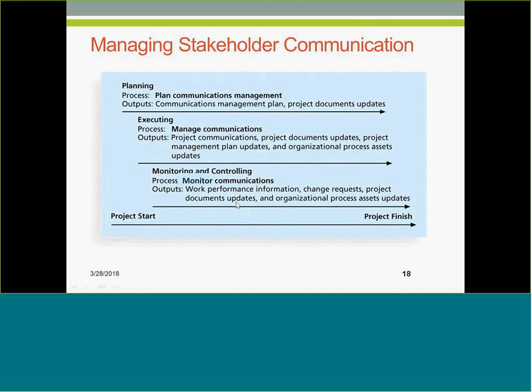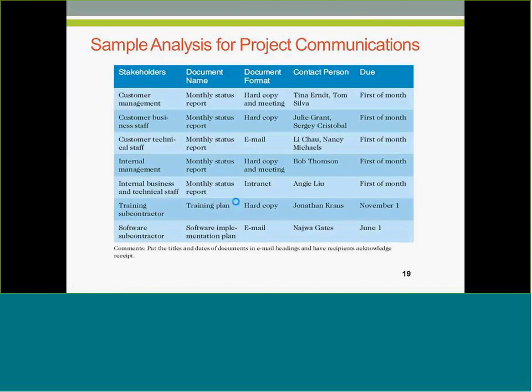So there are ways in which project communications can occur, and this is what we're seeing here in an analysis for project communications. This could be a part of a project communications plan. For example, we have different stakeholders, and we have different kinds of information that gets out to the stakeholders.